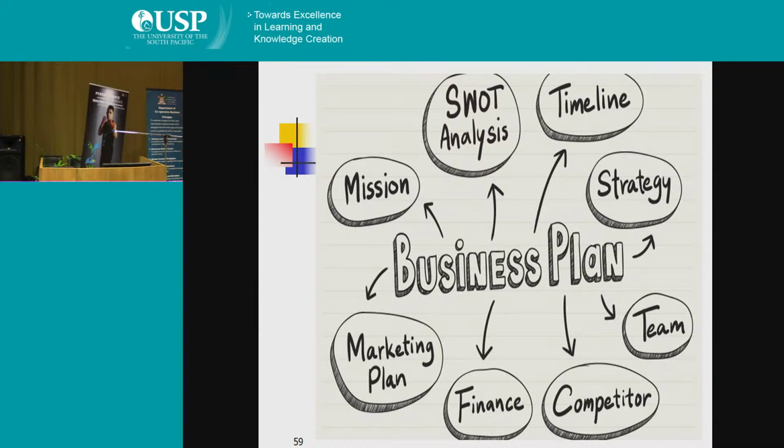Your enemies? No, they are not your enemies. The market is a battlefield, and they have the right as well to be there, to battle with you. Finance, that's another very important part in a business plan. Marketing plan, where you market your product.